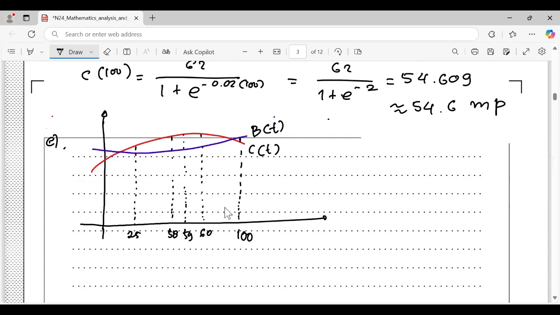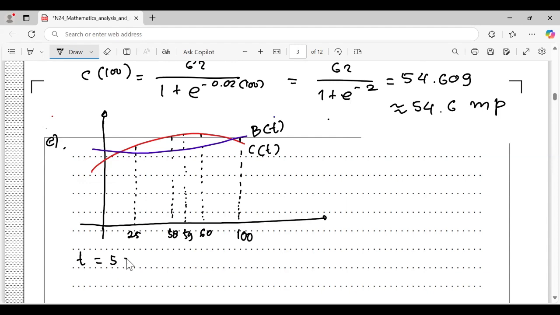I have checked one by one, all the coordinate points around here, and I have checked one by one how the gap will be.